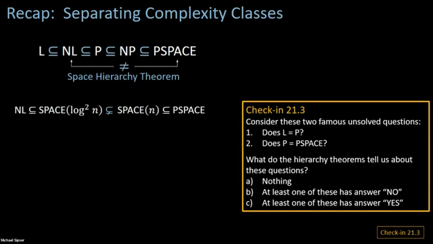From your points of view, it was back in the cave age either way. The hierarchy theorem actually predates my coming into the field. But NL equals coNL, that was something where I personally experienced how surprised people were.